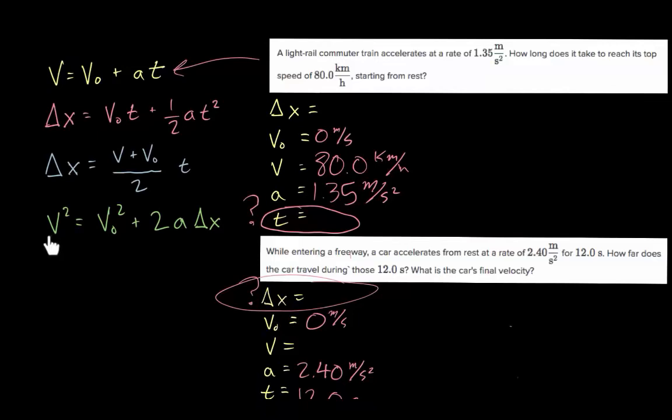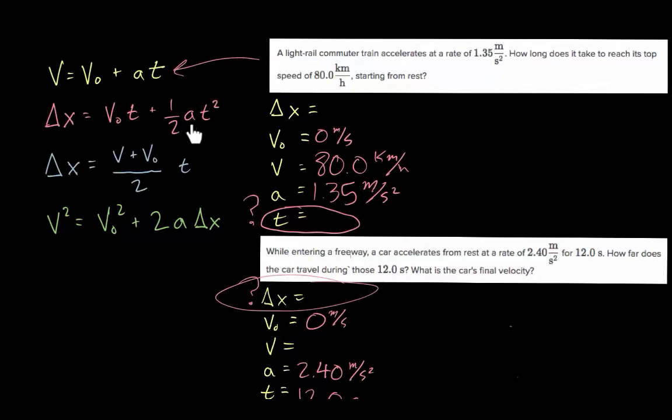This one has the final velocity in it, so we can rule that out. This one also has the final velocity. This one doesn't, so let's look at that. It has the change in position, which is what we're looking for. The initial velocity is right here, so we have that as well. It has time, and we have time, so we can plug that in.